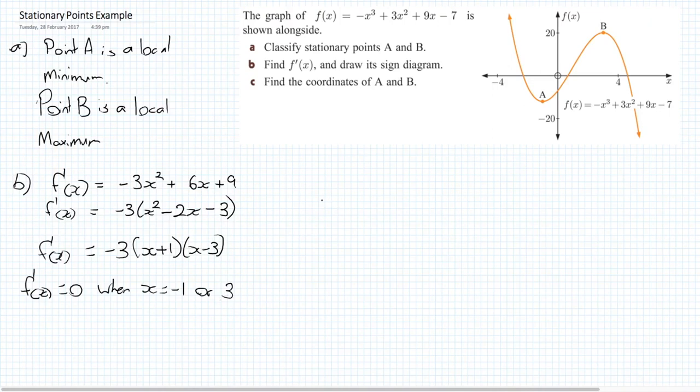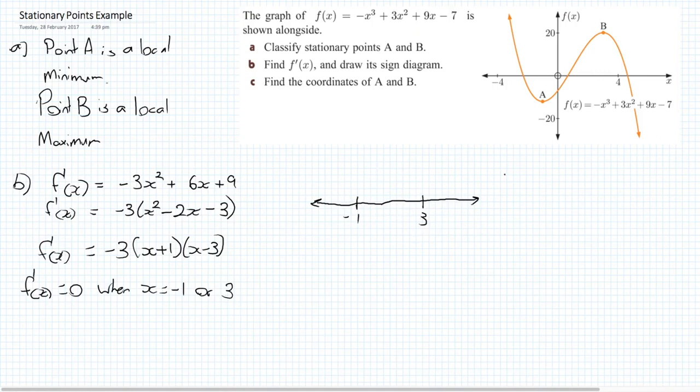So we know that we're going to now have, I'm going to draw it along there, a point here at -1 and a point somewhere here at 3. I don't mind if these aren't quite to scale, as long as you can see where -1 and 3 are.